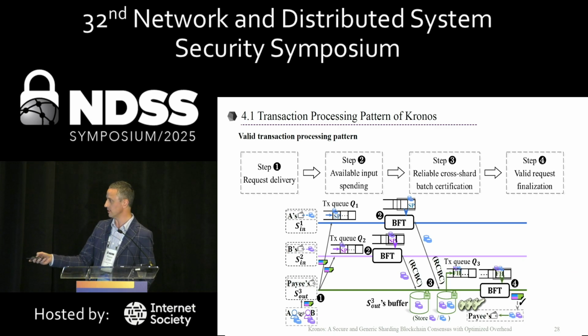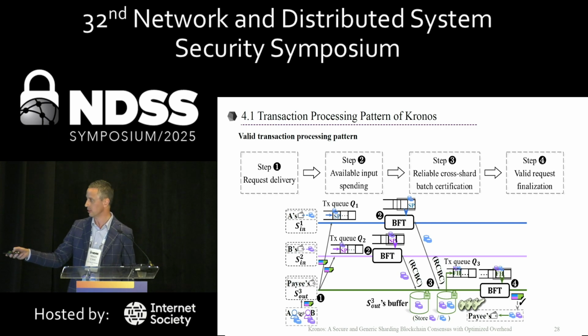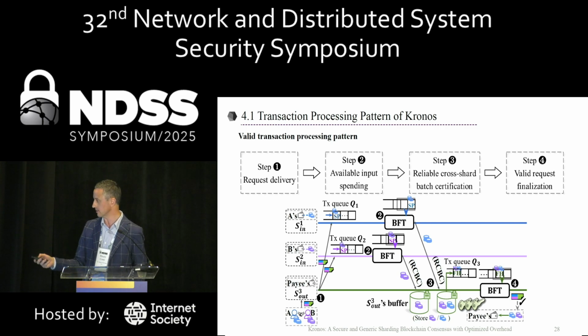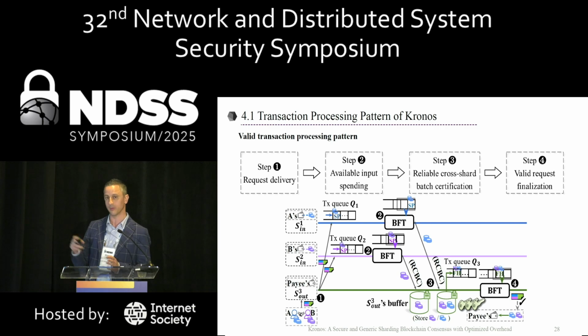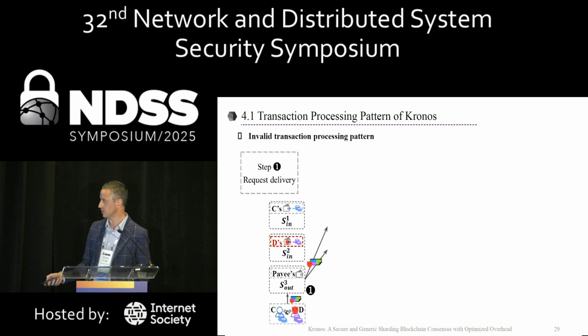Then with a BFT run, there will be a finalized transaction to receive money inside this shard. So in the case of a valid transaction, in comparison with the two-phase commit, we only need to run one BFT instead of two, particularly for the input shard.